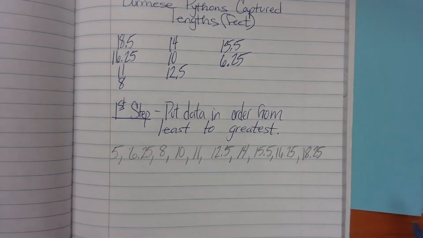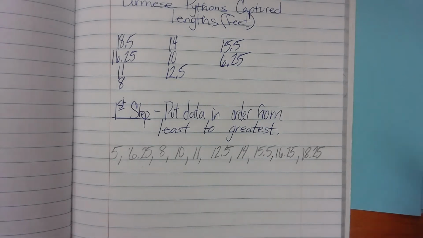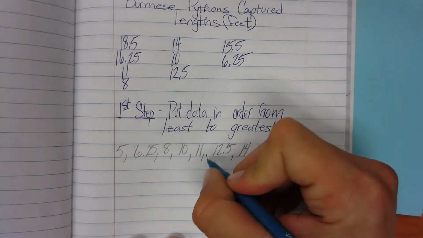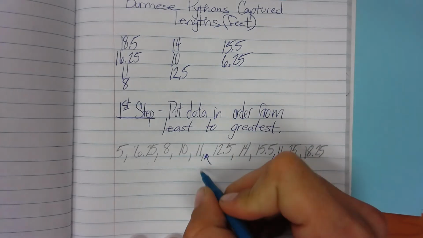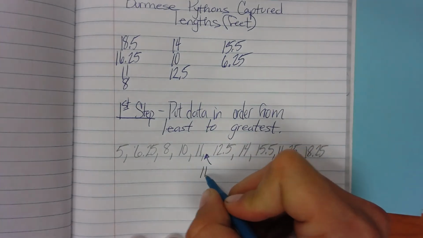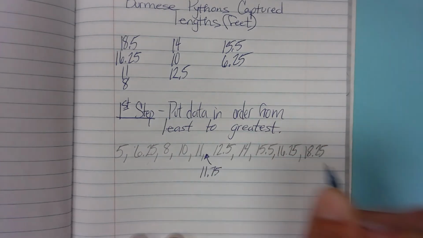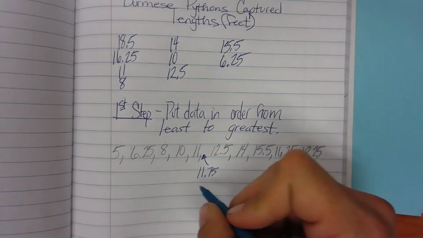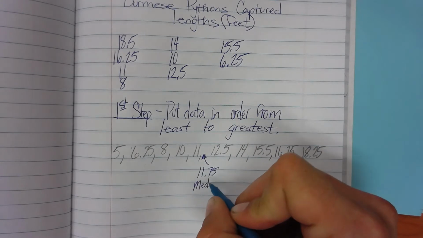So my median is right here, and my median is 11 and 75/100ths. So this is my median, or my middle.